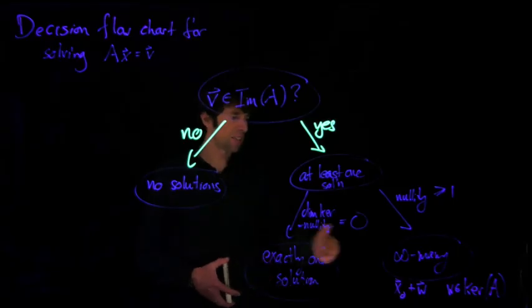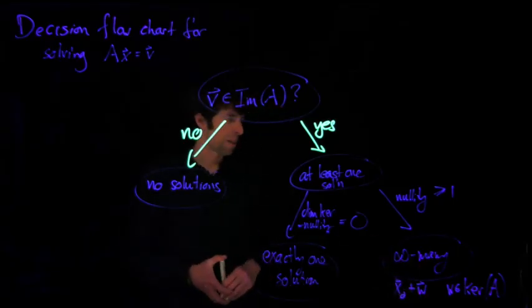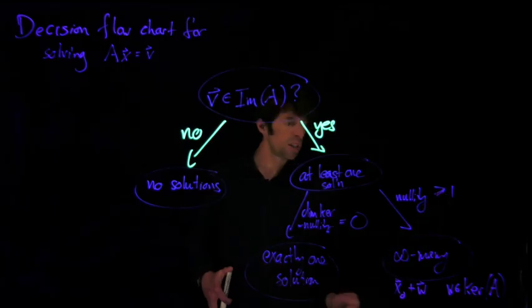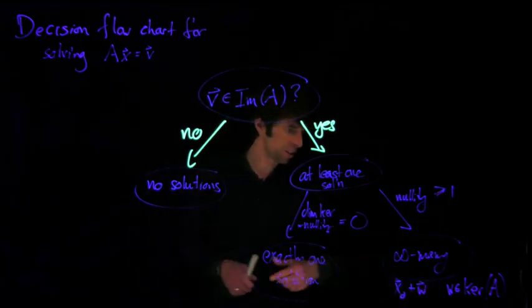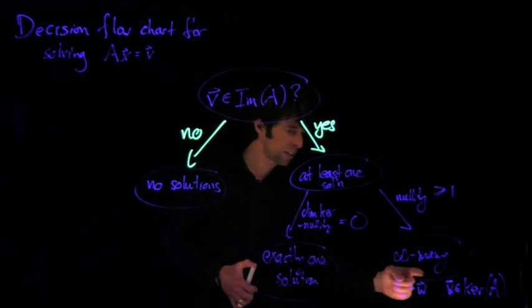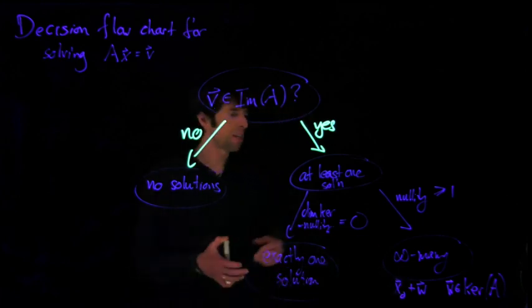And this gives us all of the solutions. So if the kernel is dimension bigger than or equal to 1, then there are infinitely many vectors in the kernel. That's a vector there. And so I can make infinitely many vectors of this form, so I have infinitely many solutions.